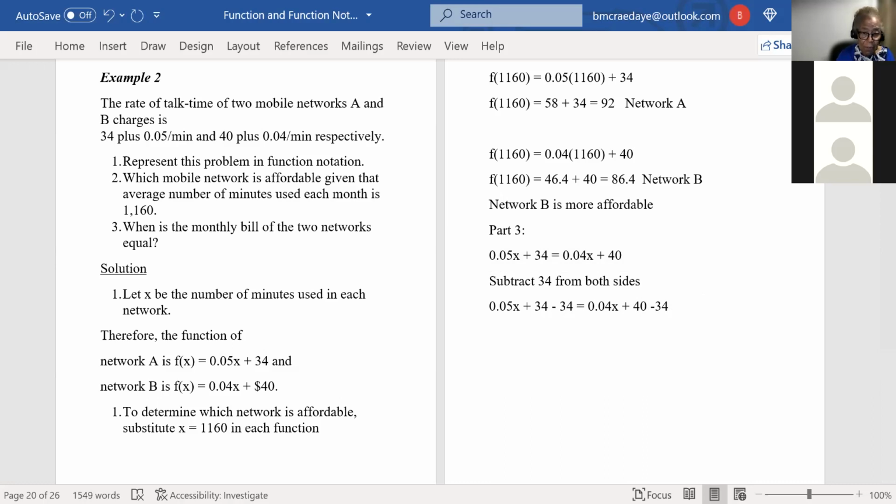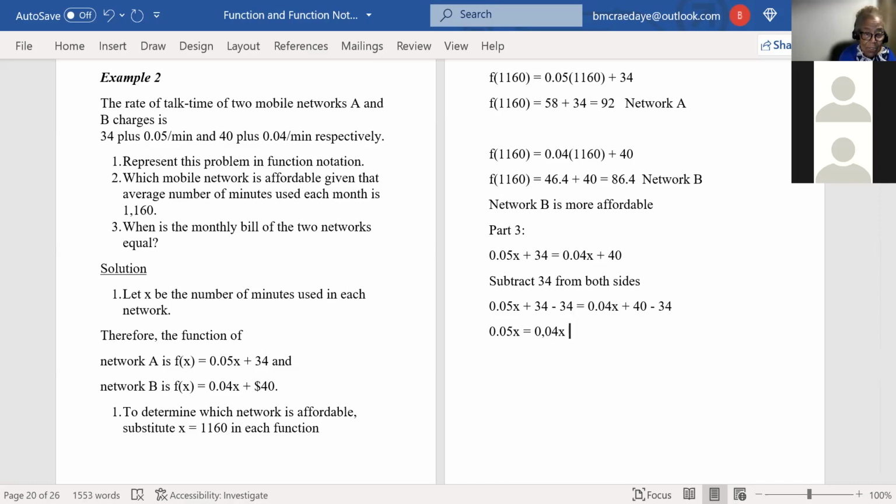What do I have left on the left side, Latoya? 0.05x. That's right, 0.05x. And what do I have on the right side? 0.04x.